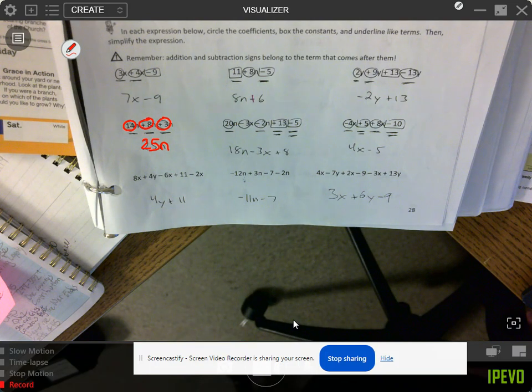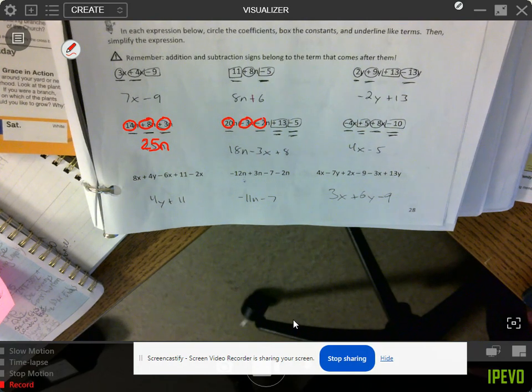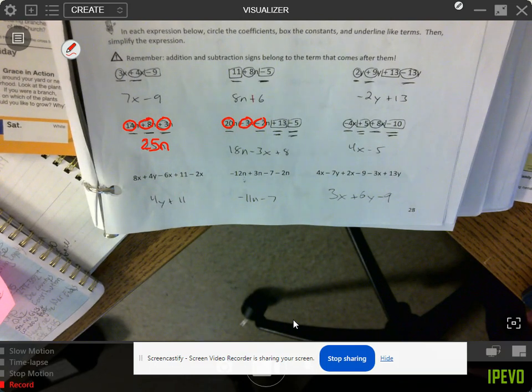Our next one, we're going to circle the coefficients. So I have that positive 20. I have a minus 3x, a minus 2n. Those are coefficients. Then I have my constants. Constants plus 13 minus 5. So what are my like terms that I can combine?